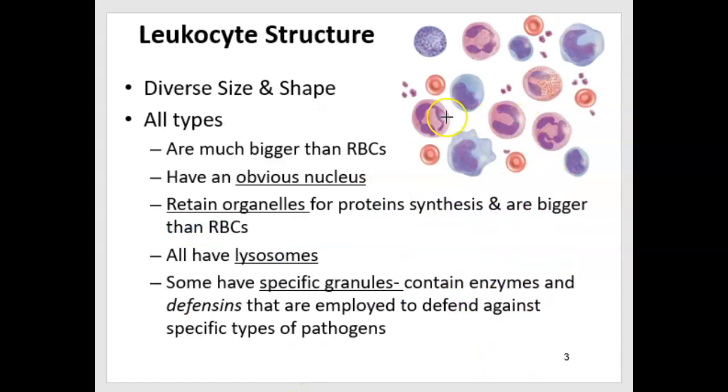So there's a diversity of white blood cells. They vary in size, shape, even number. They're all bigger than red blood cells, though, and they all have an obvious nucleus. They also retain all their organelles so they can produce proteins because they have ribosomes and DNA in a nucleus.